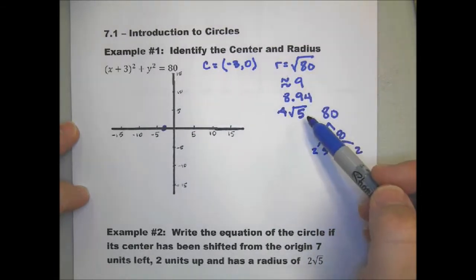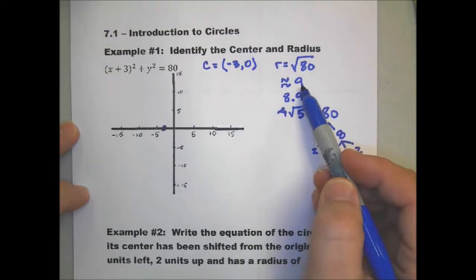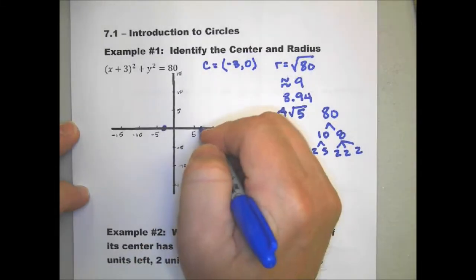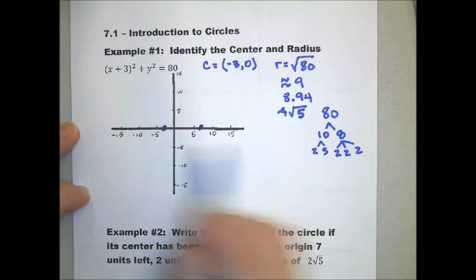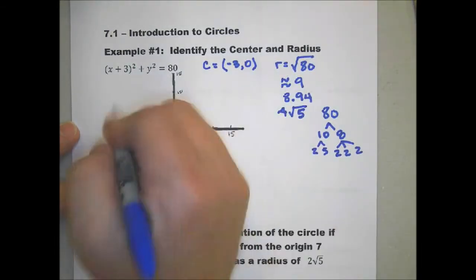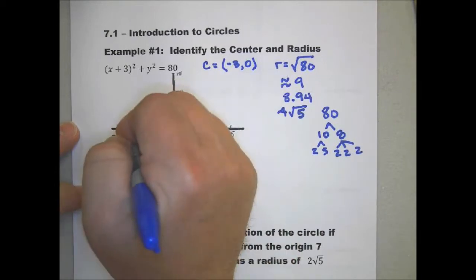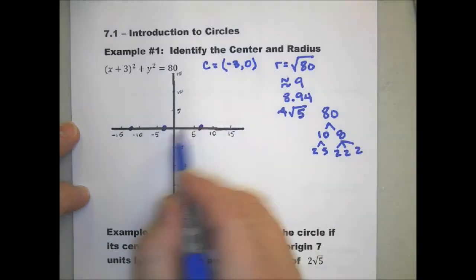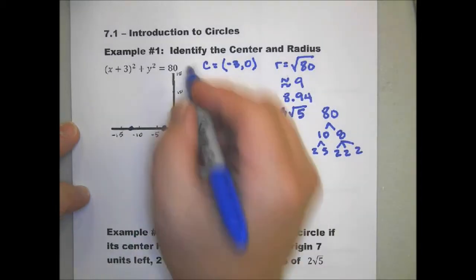But if we have to draw it, I think probably what would be best is let's go with this almost 9. So if this was -3, and I went 9 units from -3, I'd be at about 6. If this was -3 again, and I went 9 units that way, I'd be at about -12. Now, the y-axis, I'm at 0, so 9 is simply 9.